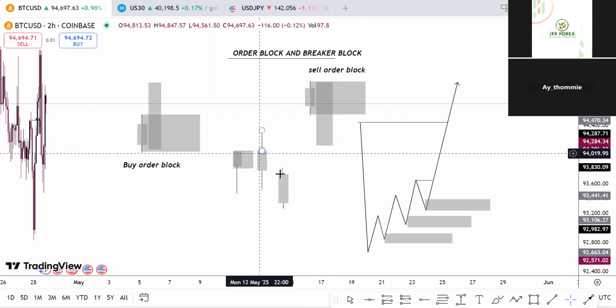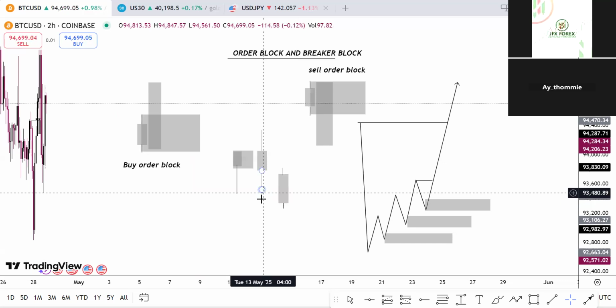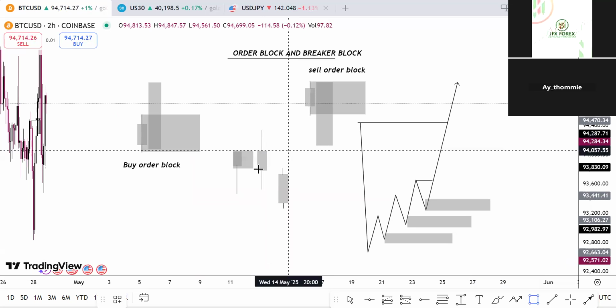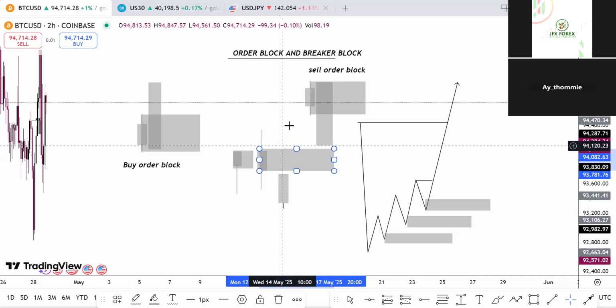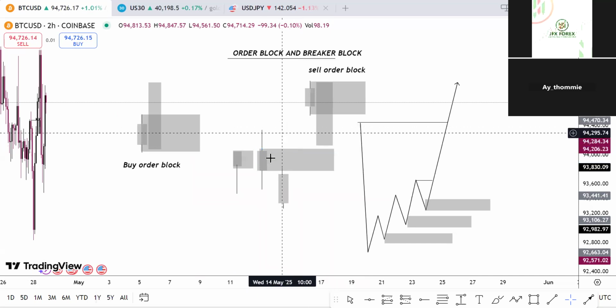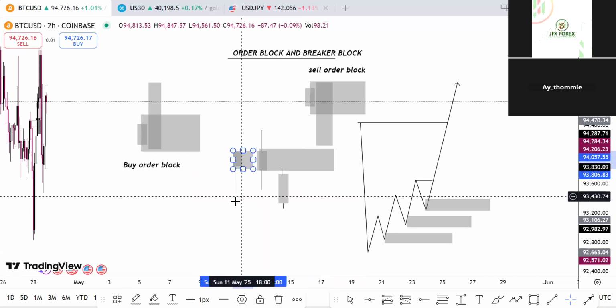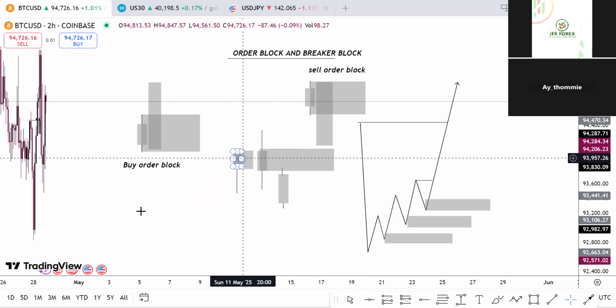Now, if I'm to mark this particular guy here, you see that this wick is long and this particular guy is longer also. I will just mark only the body candlestick. Now for this guy, you just mark only the body candlestick because the wick is longer than the body candlestick.